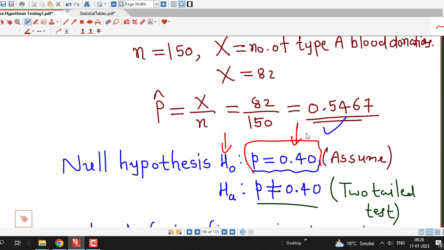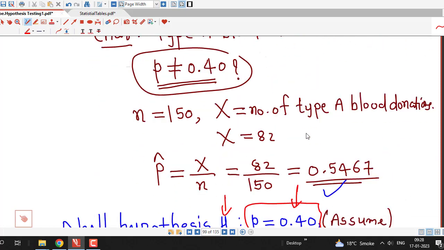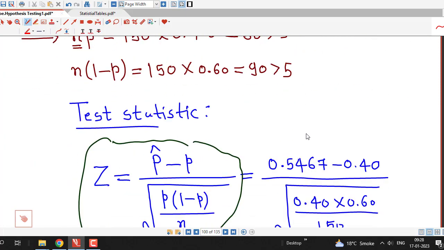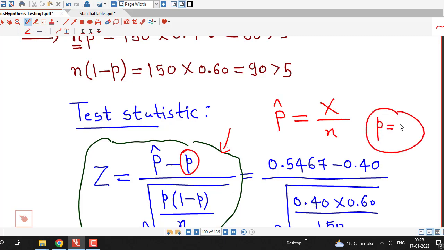All we have to remember is this formula for test statistic, where this sample proportion p hat is given by capital X by n. This small p is the value of population proportion that always comes from the null hypothesis, and it is also given in the question.